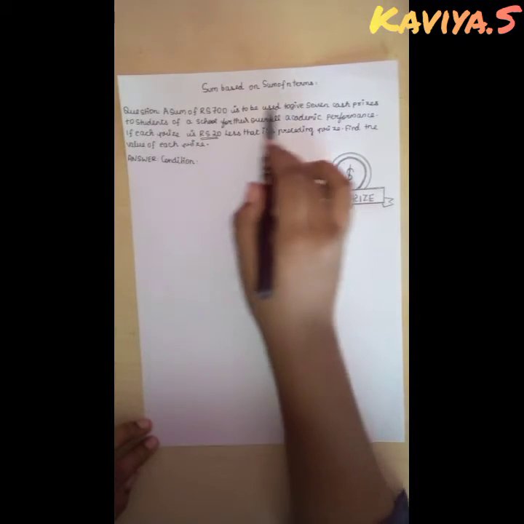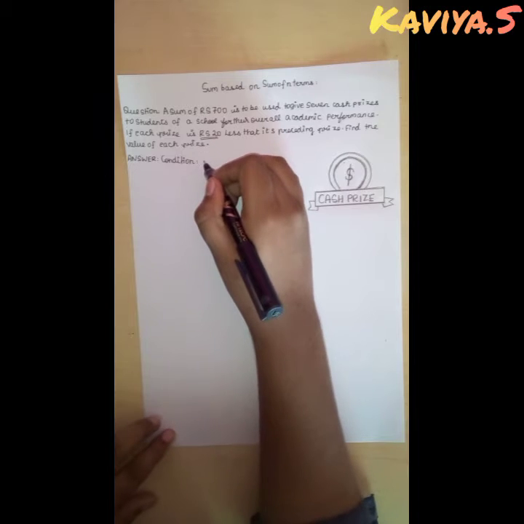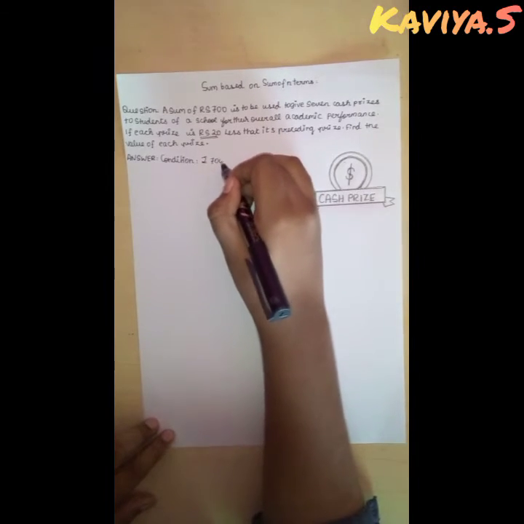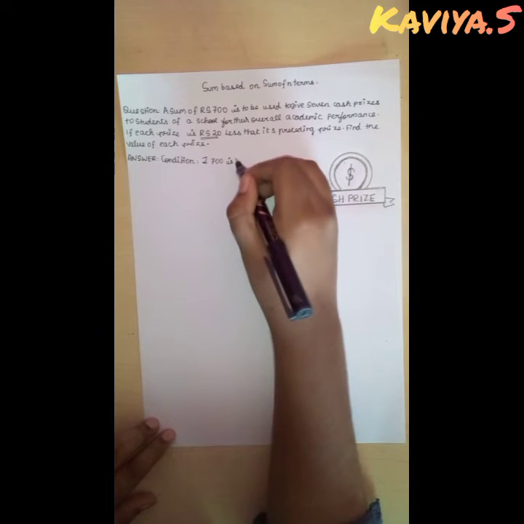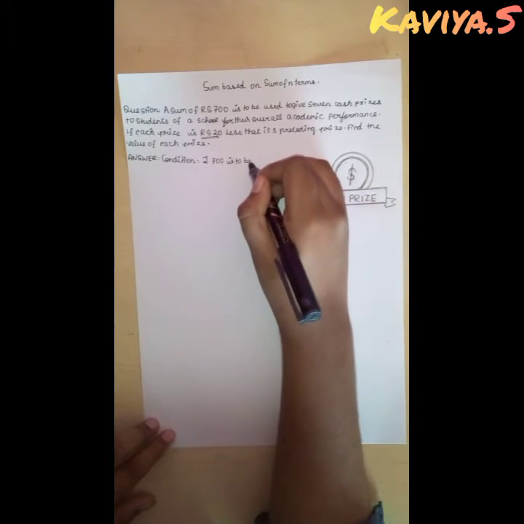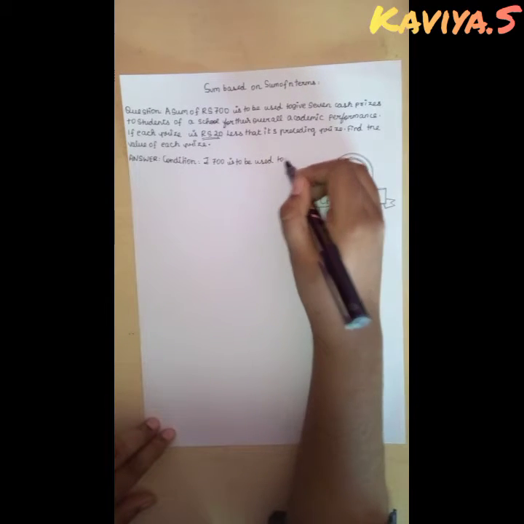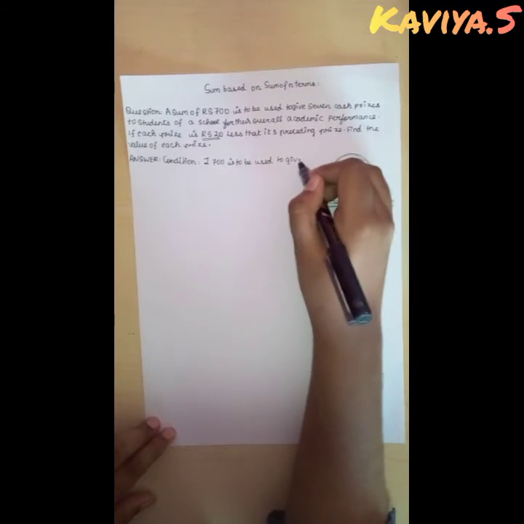Now we have read the question. We will list out the given details so that it will be useful to proceed with the further steps. So the first condition given is rupees 700 is to be used to give cash prizes to students of a school for their overall academic performance.